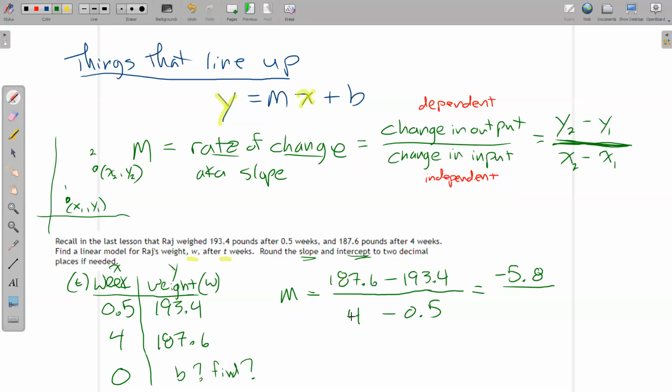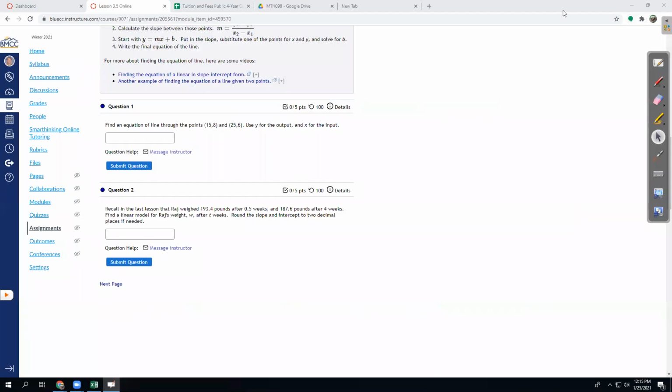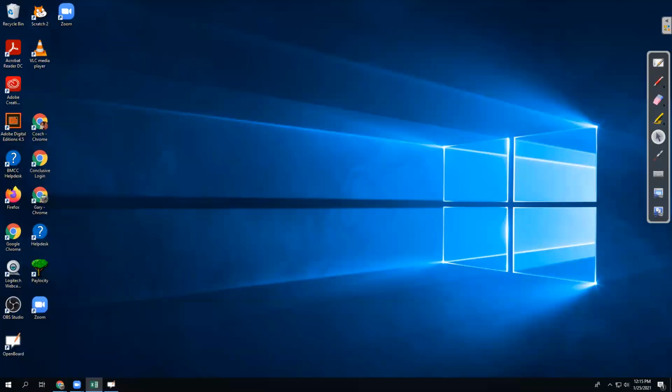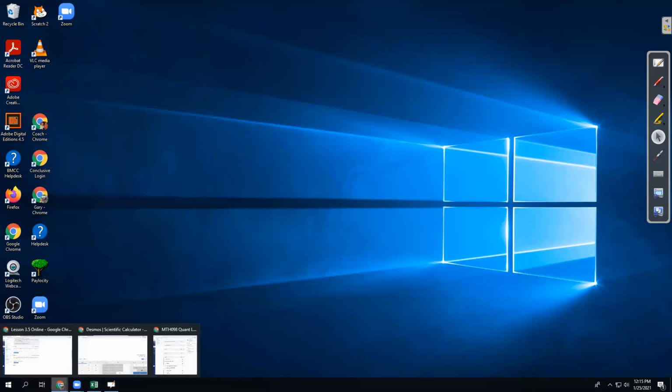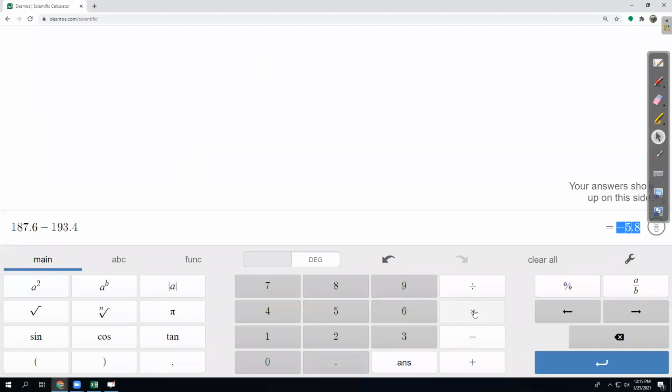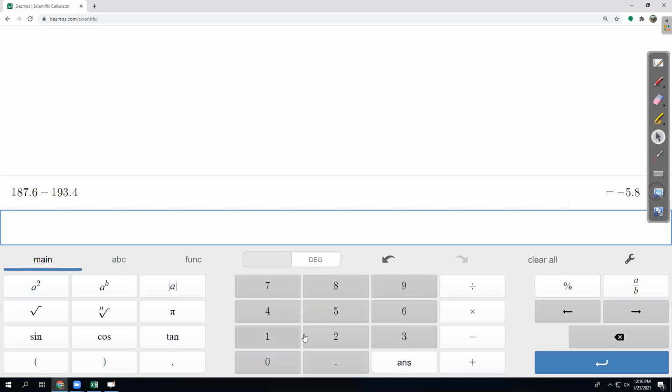In the denominator, I have 4 minus a half, which should be 3.5, but it's always a good idea to double check on a calculator, even if you're pretty confident. Oh, it's in the other screen. All right, so enter for a new line. 4 minus 0.5 is my 3.5.